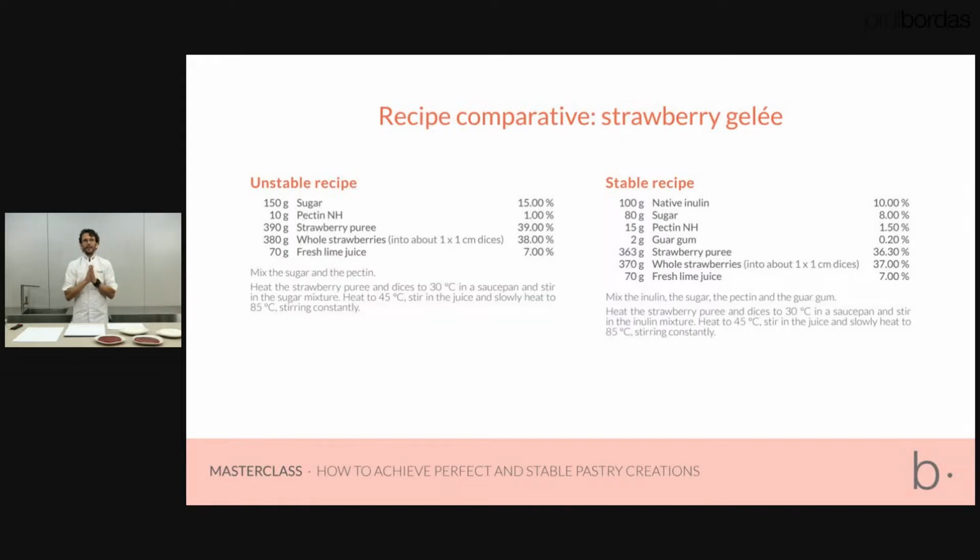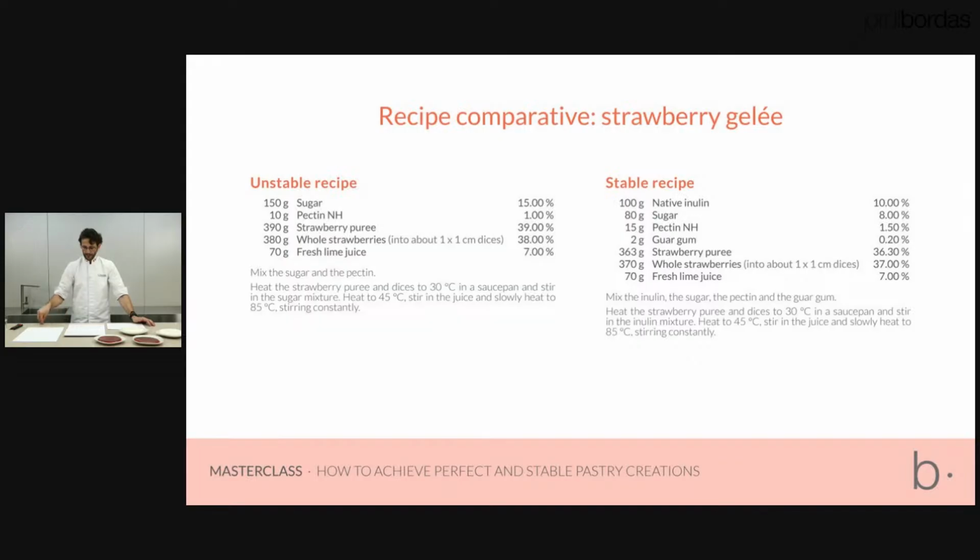Native inulin also has the ability to catch a lot of water because native inulin is a fiber, and fibers in general have the ability to catch water. More or less, it depends what kind of fiber we are going to use, but in general, native inulin has high water catchment capacity for us. So we introduce more dry extract because in the first recipe it was 15% of sugar.